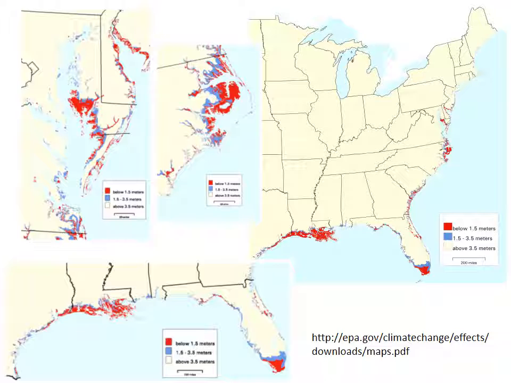The places in blue will go underwater between 1.5 to 3.5 meters. And the white did not come up well, but if things are white, it will be underwater at 3.5 meters and above. Do we expect to see this? No. But we're seeing right now changes of millimeters to centimeters, depending upon where you are in the world, of sea level rise each year.